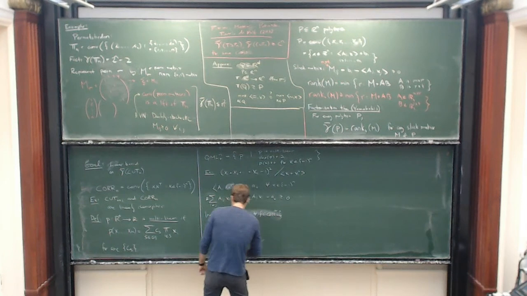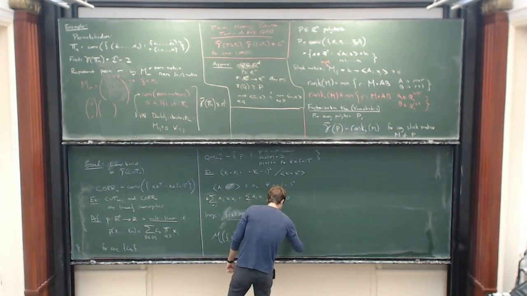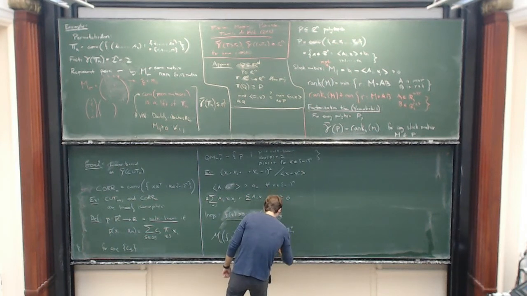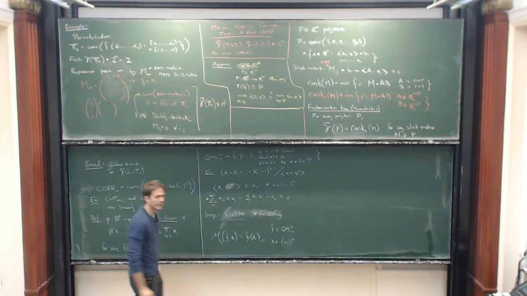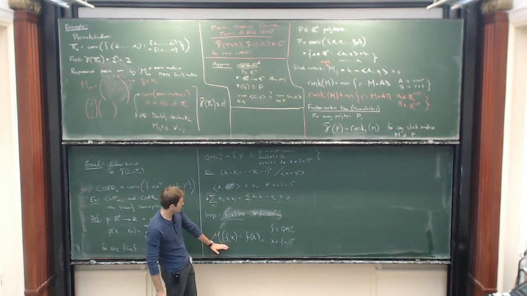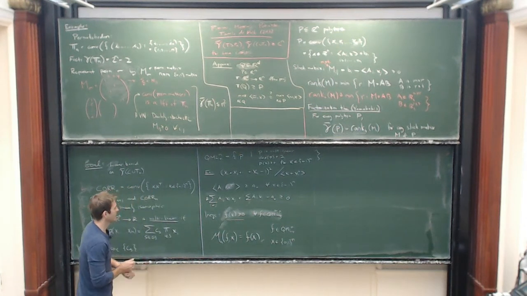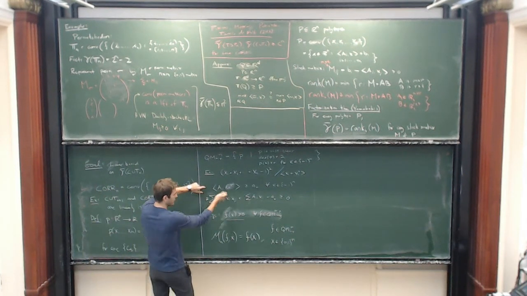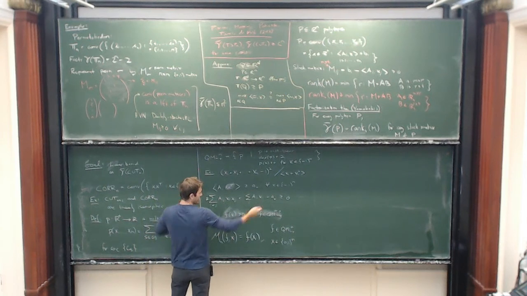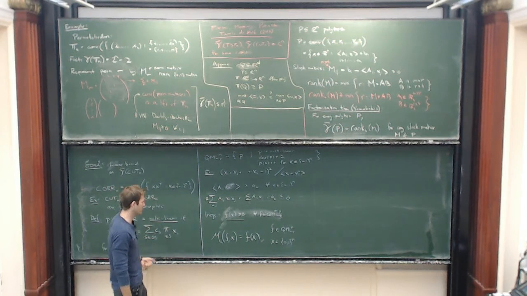Here, f runs over this class of functions, x runs over the vertices. So I'm claiming that this is precisely a slack matrix for the correlation polytope. Again, when you write out what the things are, you're just getting quadratic multilinear functions, the multilinearity coming from 0 squared equals 0 and 1 squared equals 1.